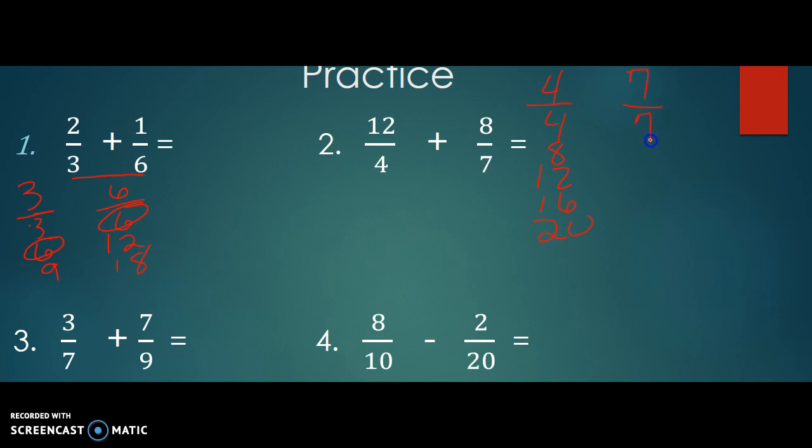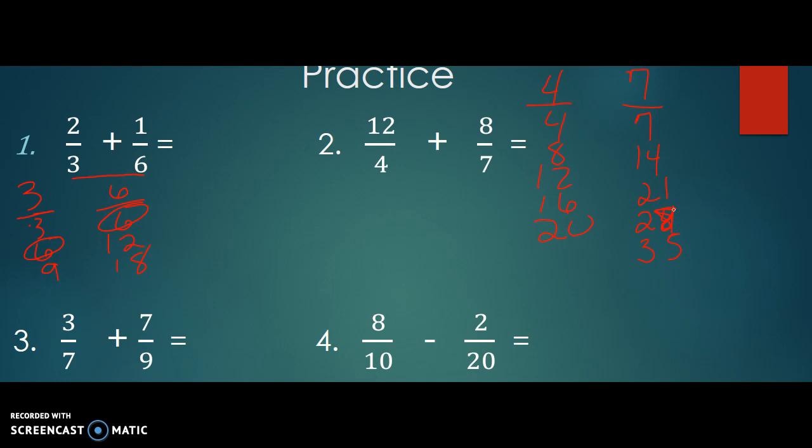7 times 1 is 7. 7 times 2 is 14. 7 times 3, 21. 7 times 4 is 28. 7 times 5 is 35. Sorry.